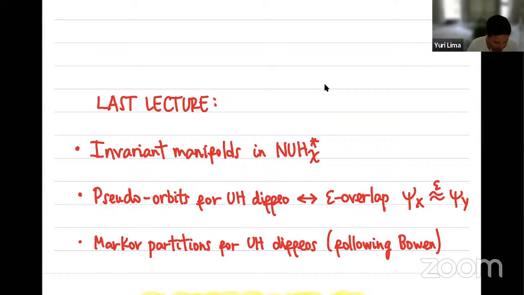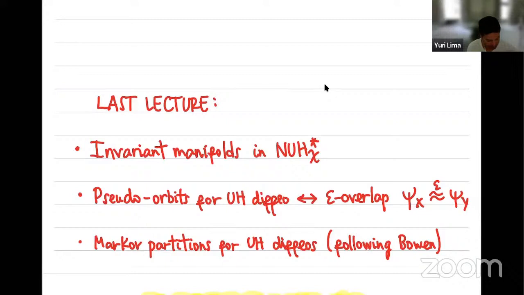I would like to start by recalling what we did in the last lecture so that we can continue. We used what we had done in the first lecture about invariant manifolds for uniformly hyperbolic systems.